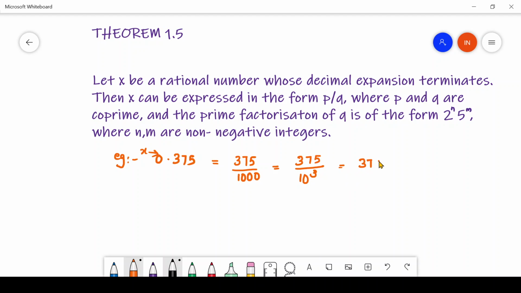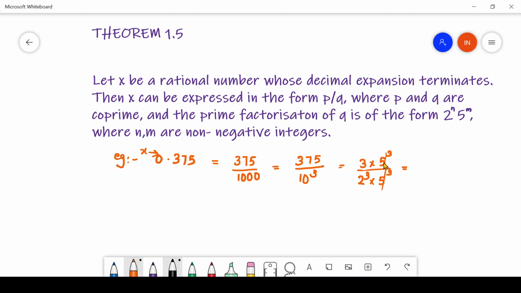Now I'm going to write it again as 2 cube multiplied with 5 cube, and do the factorization for the numerator as well. That can be expressed as 3 into 5 cube. I'm not doing the prime factorization here, as we are reaching the end of this chapter and I know you are very thorough with that method. So we can cancel the 5 cubes, and this is now of the form 3 by 2 cube.